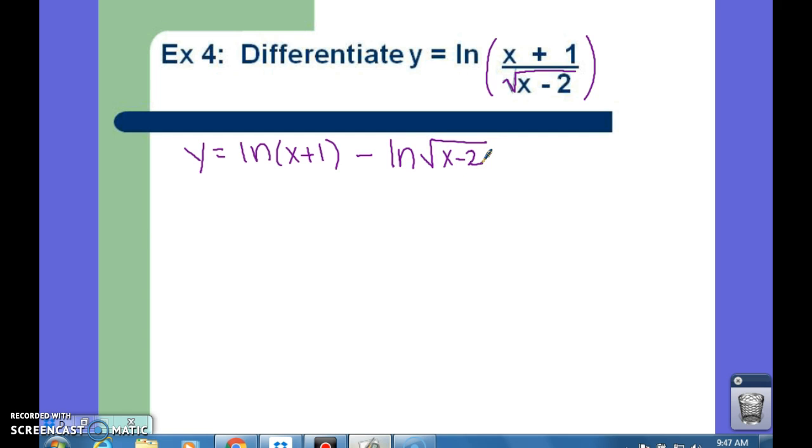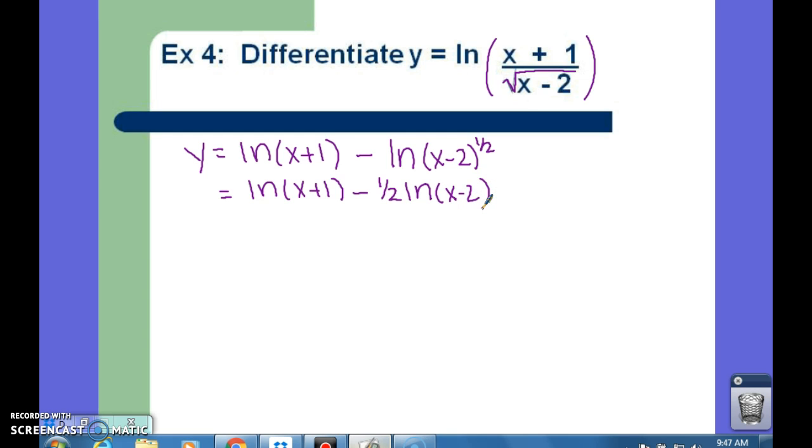And what's nice here is because that square root's inside the natural log, that's the same as saying x minus 2 to the 1/2 power. Well, if you have a power inside, you can bring it out as a coefficient. So now I can even turn this into the natural log of x plus 1 minus 1/2 the natural log of x minus 2, and I don't have to do a chain rule. Sweet.